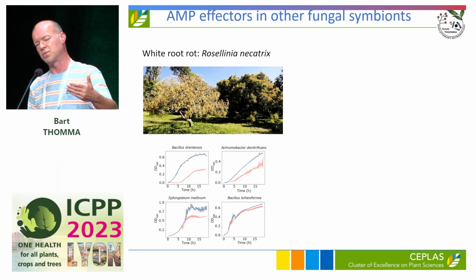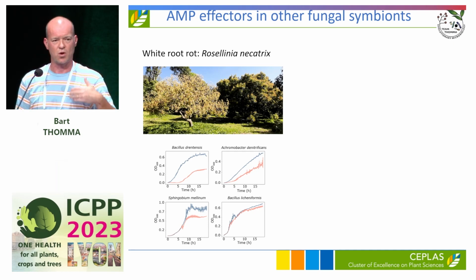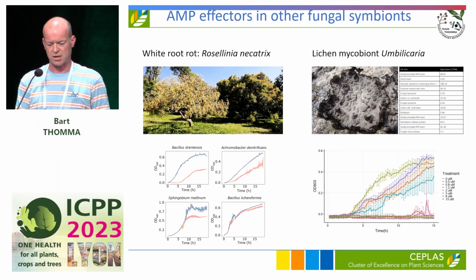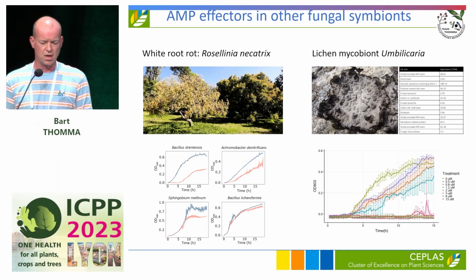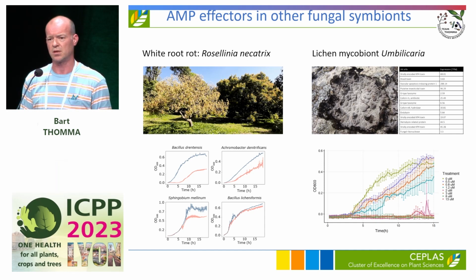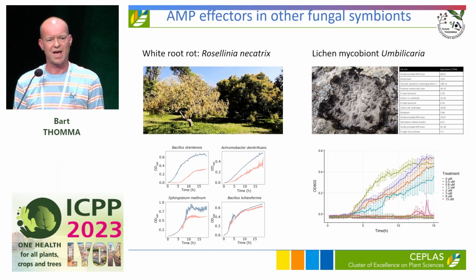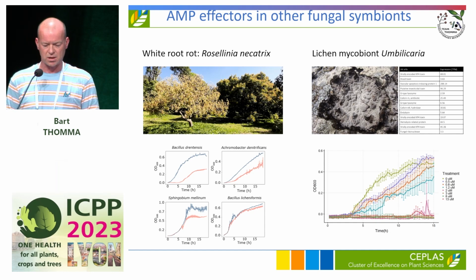And then we said, well, can we take this a step further? Can we go beyond plant pathogens? So what we actually did is look in the genome of a lichen fungus. So now we look at a symbiont, a mutualist, a fungus that associates with algae to generate lichens.